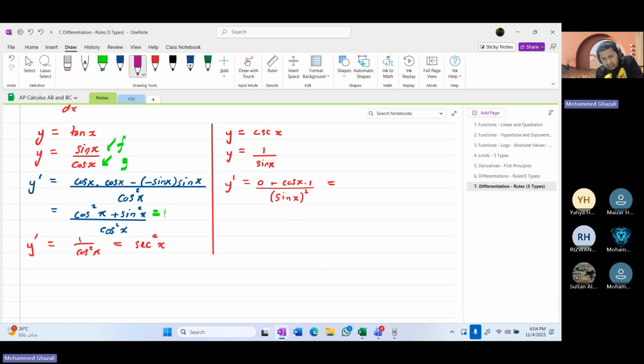So what we have over here is derivative of cosec x. So we can say now that this is equal to negative cosec over sine. Okay, negative cosec x. I'm splitting this up, all right? So leave the 0 out. There are 2 terms. So cos x over, just leave the cos x as it is.